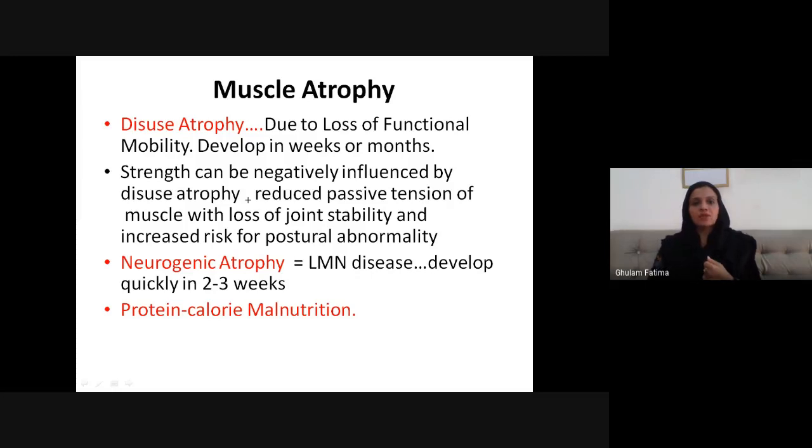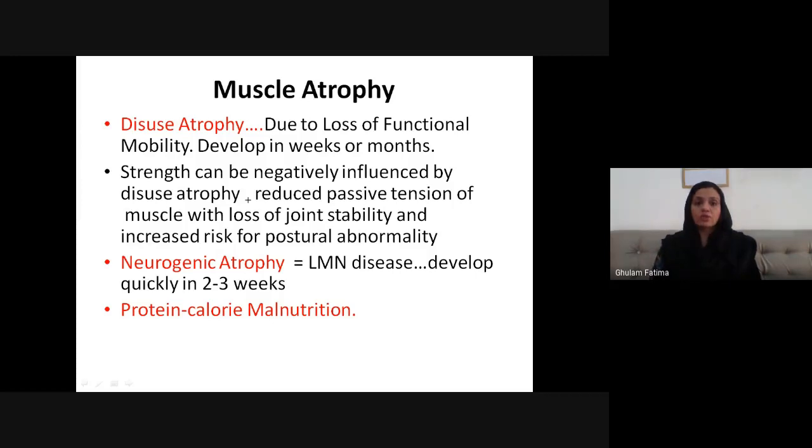The next type is neurogenic atrophy. You can see neurogenic atrophy in multiple patients, but specifically you can see it in lower motor neuron diseases or lower motor neuron lesions. Like if the patient has a wrist drop, you can see neurogenic atrophy there.